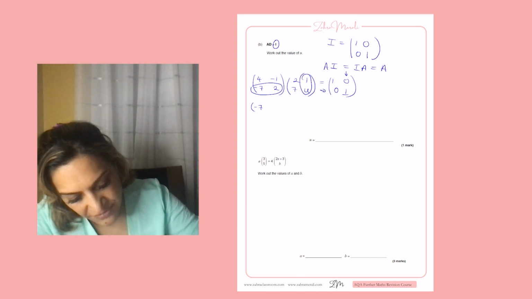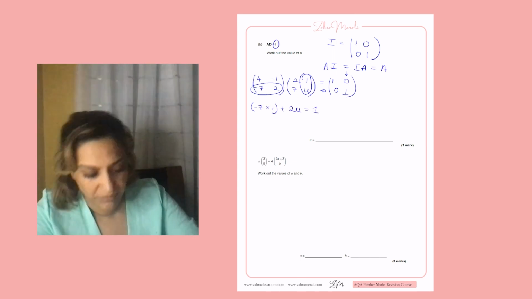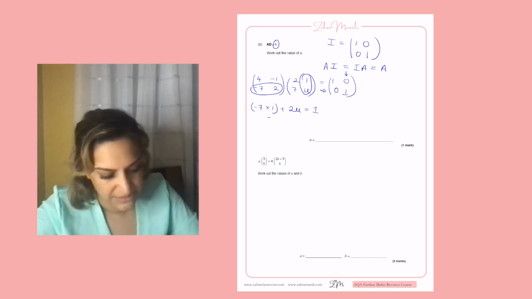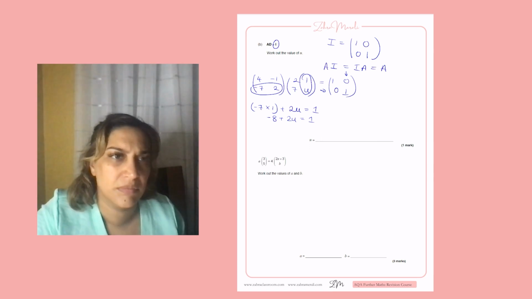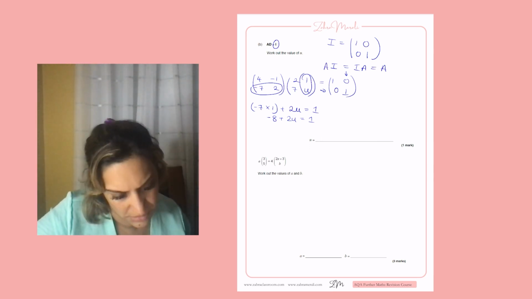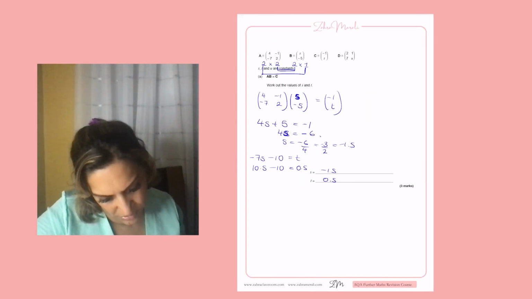So minus 7 times 1 plus 2u equals 1. So we get minus 8 plus 2u equals 1. And work out the value of u.